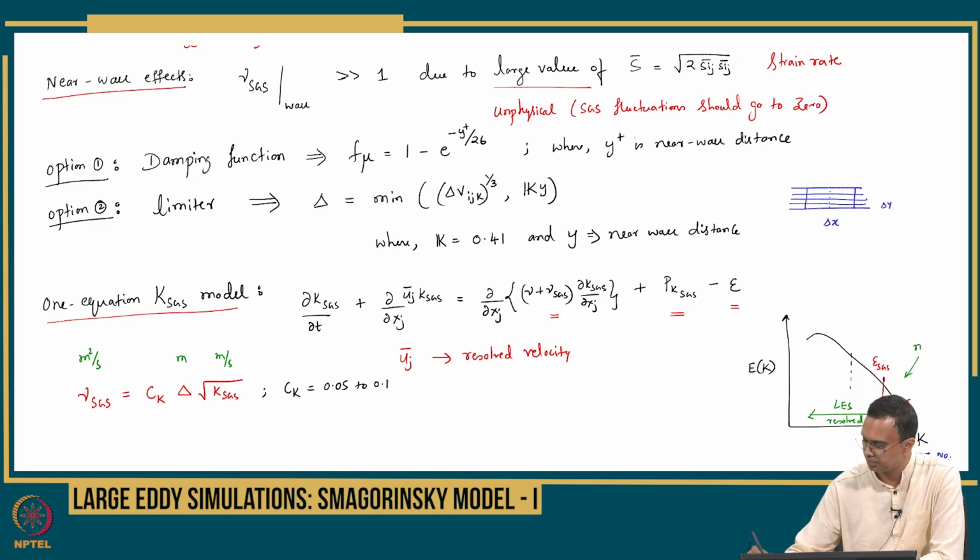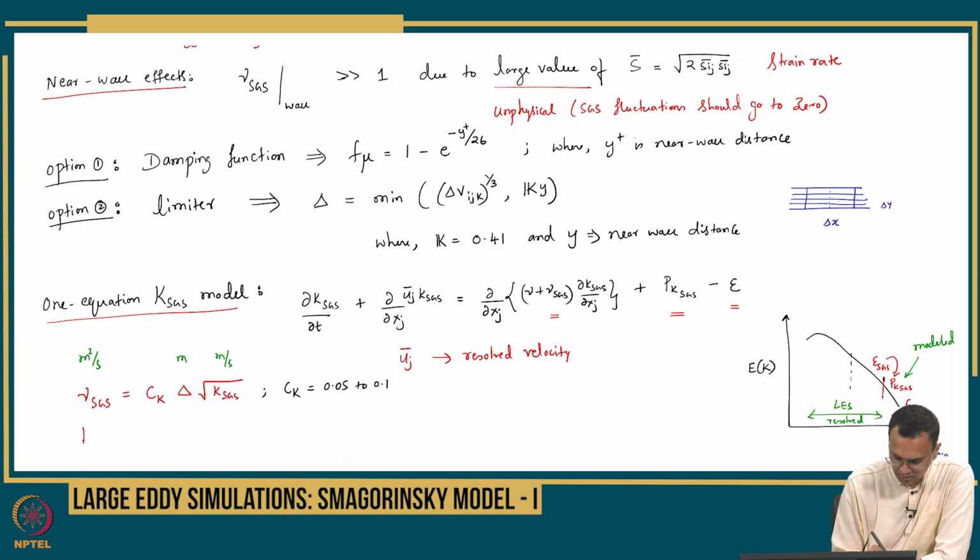So this is the epsilon_SGS at the cutoff, and we learned from Kolmogorov hypothesis that there is a dynamic equilibrium here. Shouldn't that be the P_kSGS? Whatever is being drained out of the resolved data should be the production rate of the SGS, right? So this essentially becomes your P_kSGS.